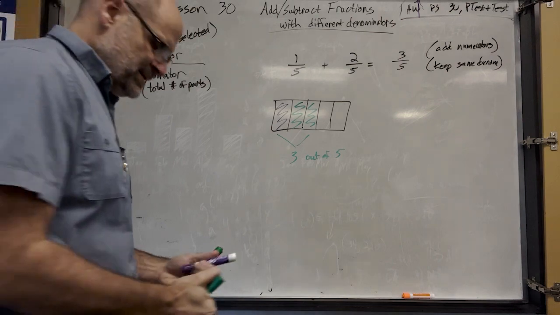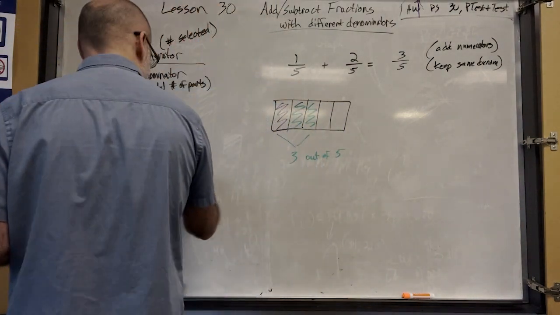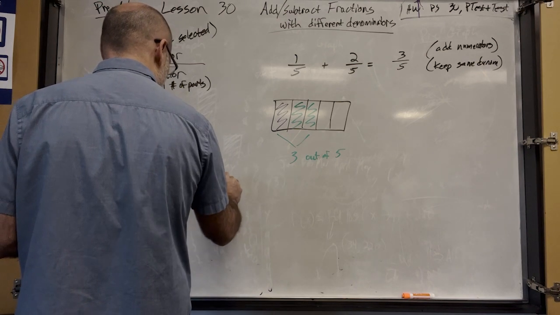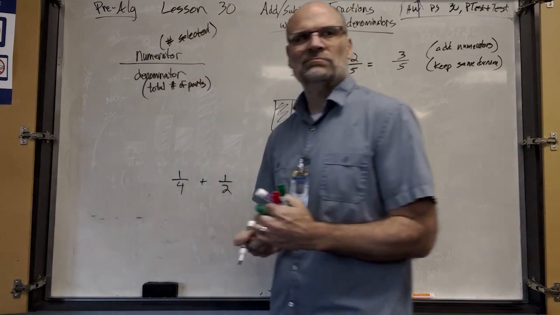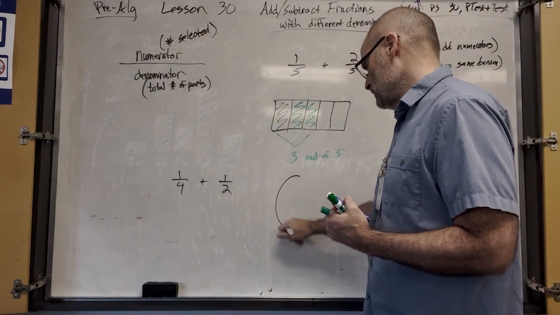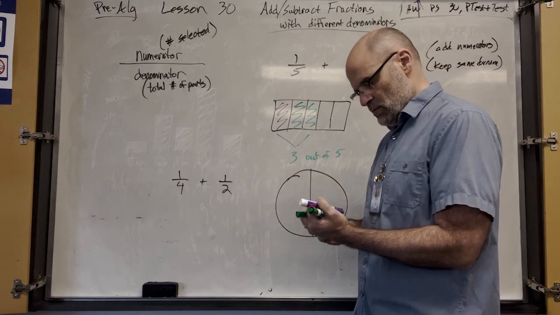Okay, but what happens if you have different denominators? Now you could do this pizza-wise. What happens when you eat 1/4 plus 1/2 of the pizza? You get 3/4, yeah. But let's look at it this way.